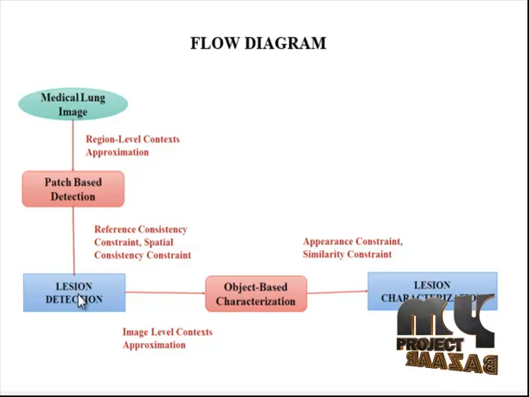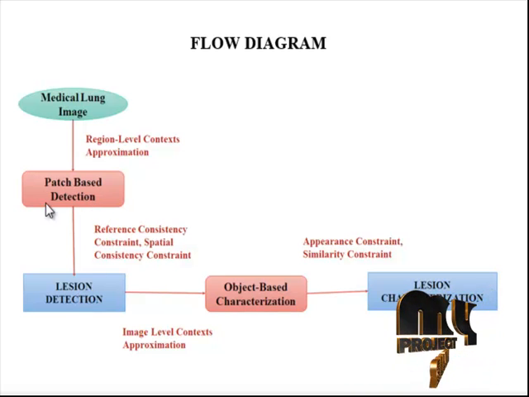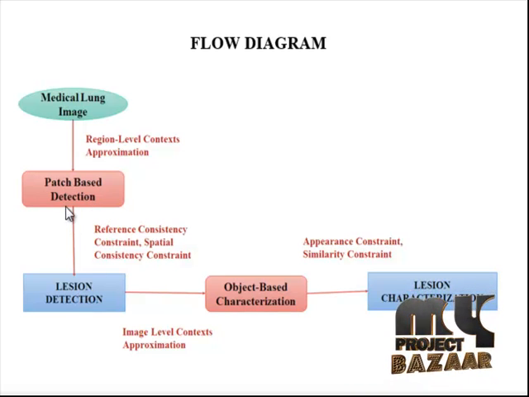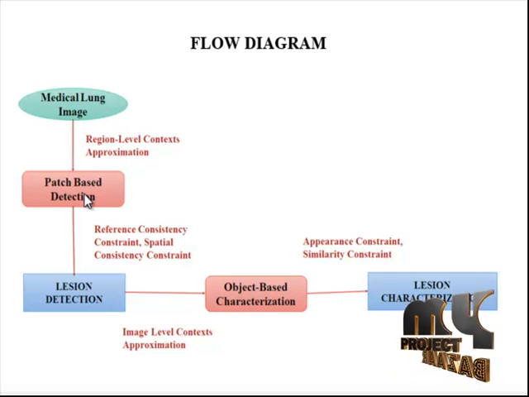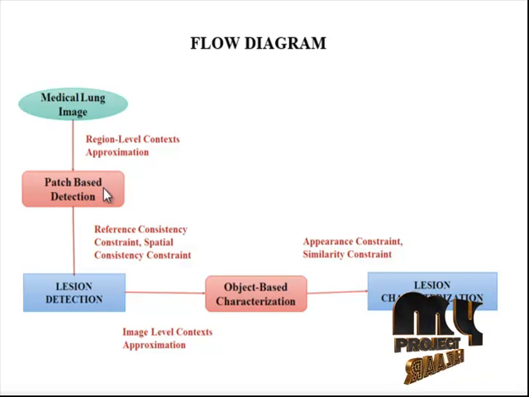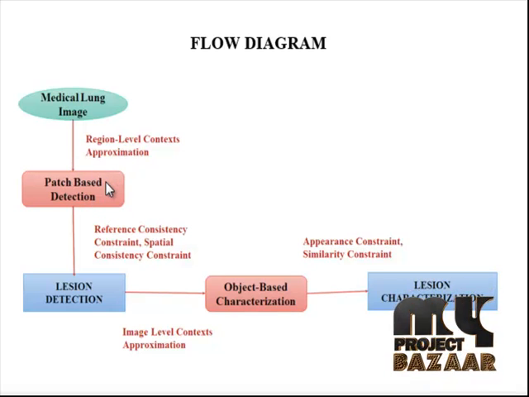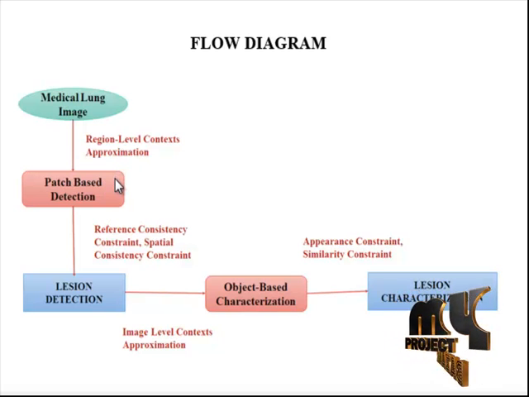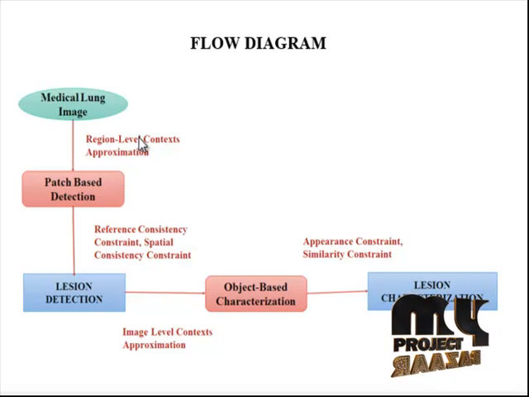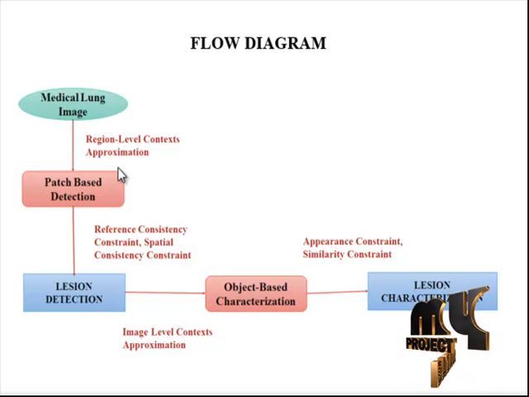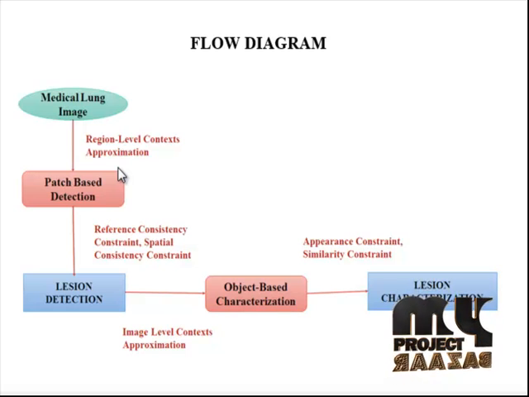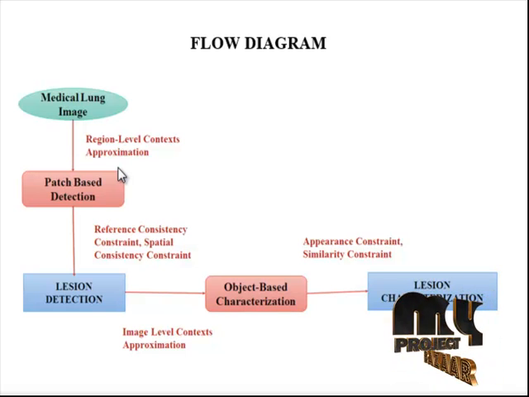Next, in lesion detection, a patch-based detection approach is proposed, where initially a basic sparse representation approach can be applied to the labeling problem. Next, approximation with a region label context has been applied, where extracted reference patches that are visually similar should contribute similarly to the approximation.